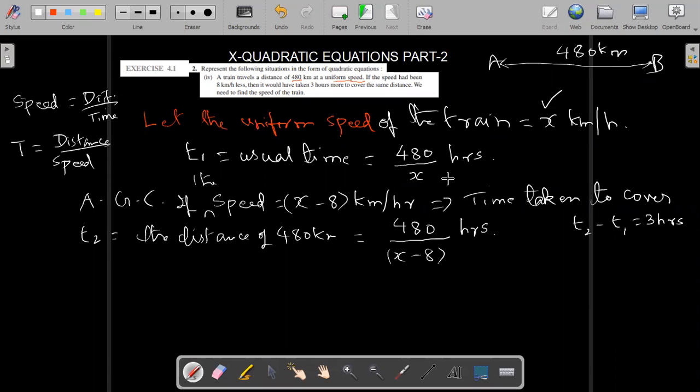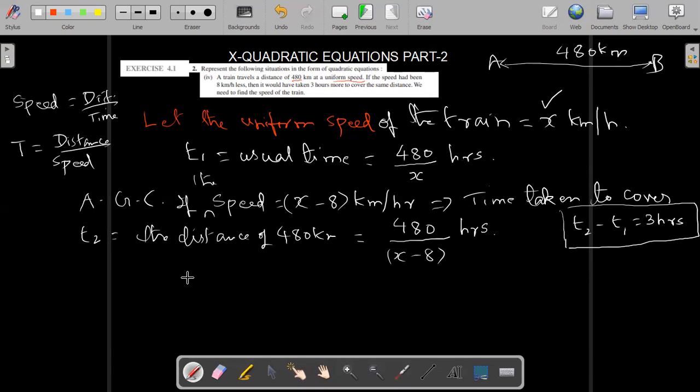Otherwise, you will write the wrong equation, subtract in the wrong order, and your answer will be wrong. So this is the main point: which should be the bigger one. Here the time t2 will be more, so that's why t2 minus t1.